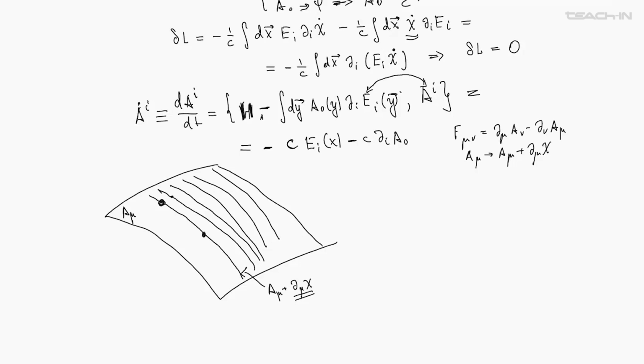One representative is enough to describe physics. You don't need to consider all of them because they lead to an equivalent description. And so the way to do it is to impose the gauge. In other words, to impose an extra condition on the field A mu such that from each orbit, you will pick just one configuration.